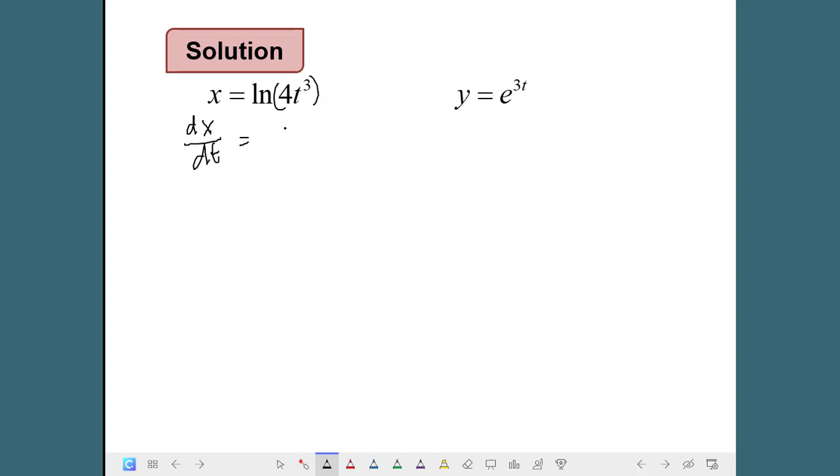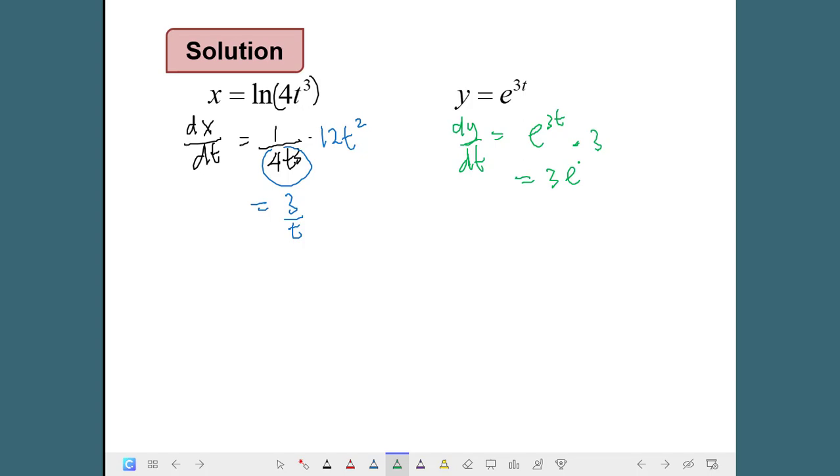This is ln, bring down 1 over the inside, and you need to differentiate the denominator, so 12t to the power of 2 because of 3 minus 1. Then simplify: 3 over t. For y, differentiate y with respect to t. This is an exponent, copy, and differentiate 3t, get 3. The answer is 3e^(3t).